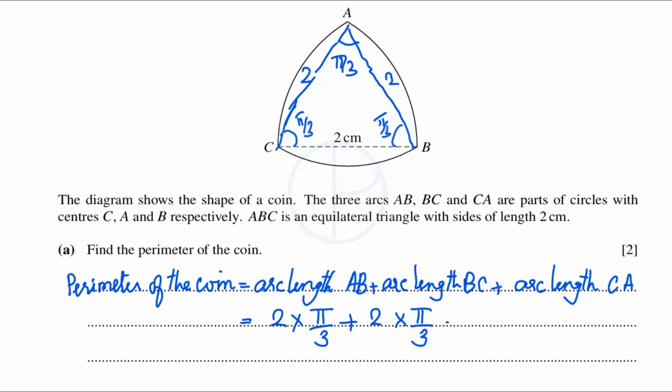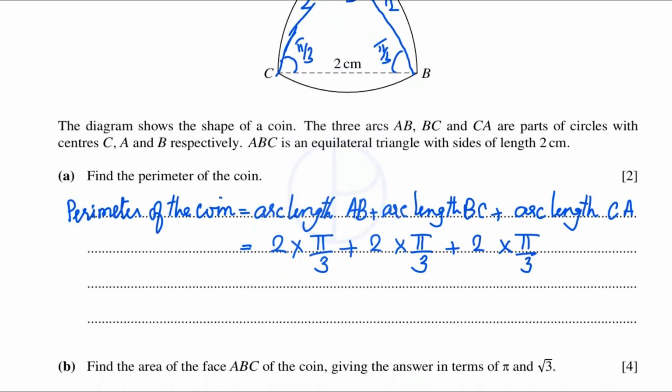For all the three sides it is the same. Three times 2 pi over 3, which is equal to 2 pi. So the perimeter of the coin is 2 pi.